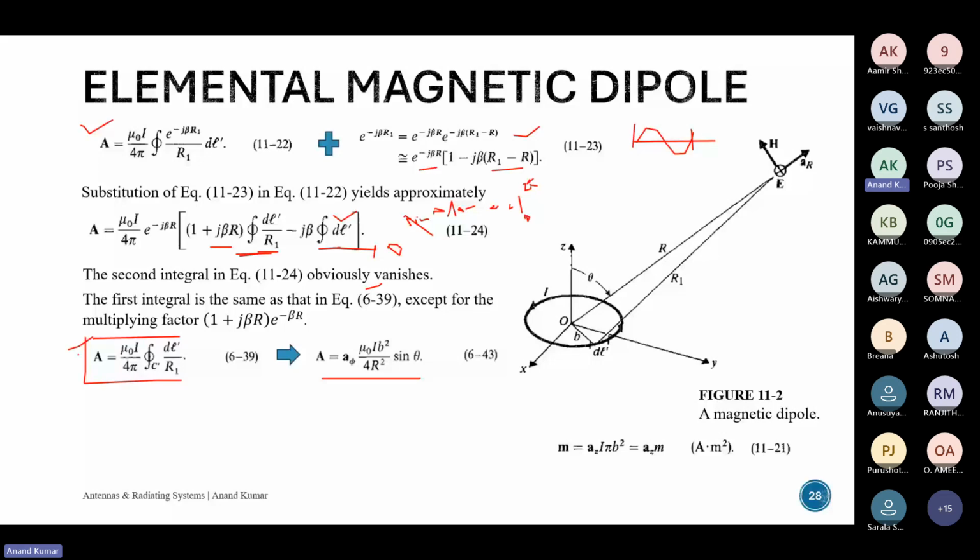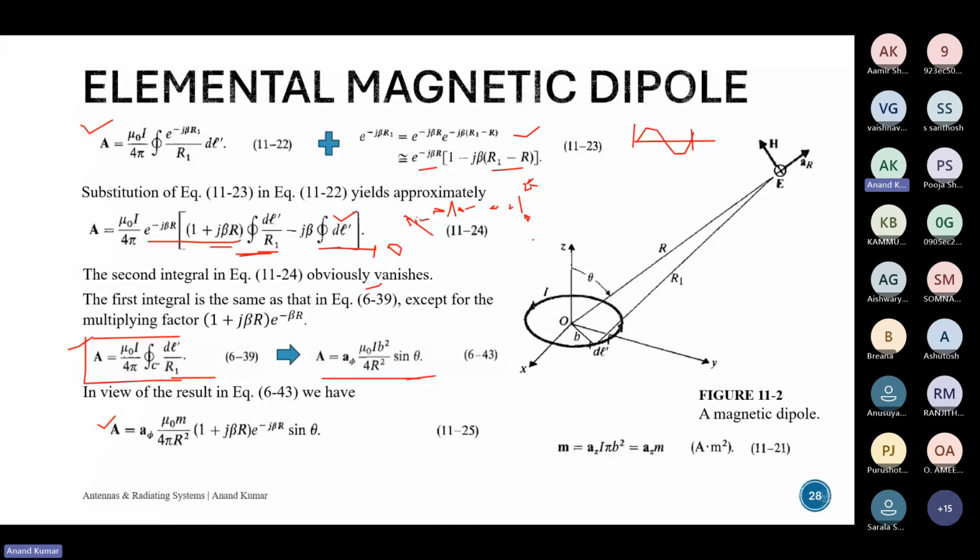You can refer to the textbook. We got from this integral to this integral. But since we know that the solution for this looks like this, we are only missing this term over here. So this term can be included, and once that is done, you get the vector potential over here. So for the magnetic dipole, we have calculated the vector potential.